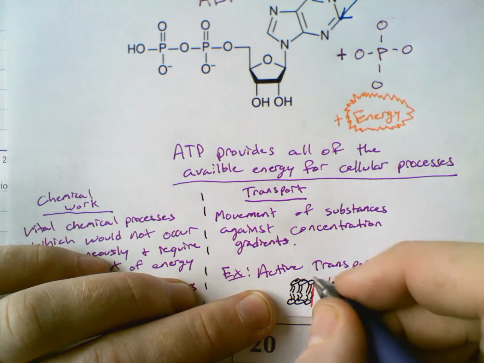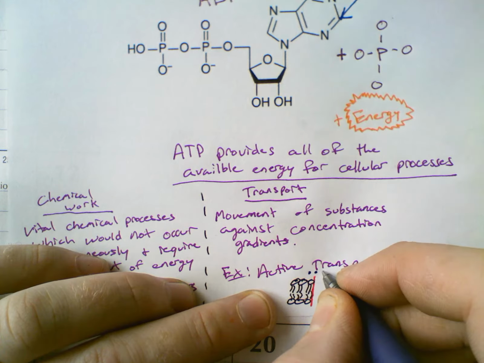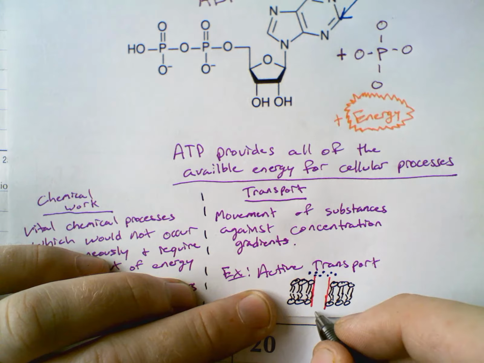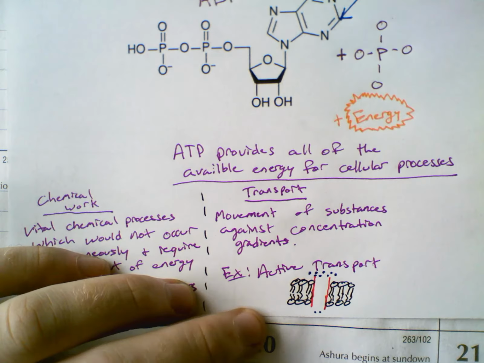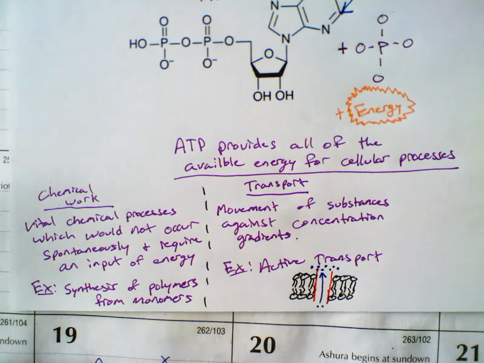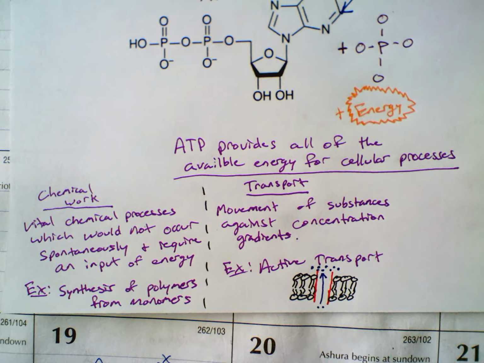There's a lot of stuff out here, and not very much in here. We need to get even more of it to the outside. That would require ATP in order to do that.